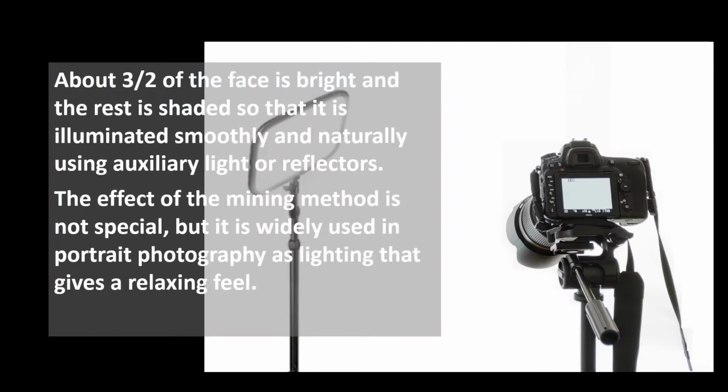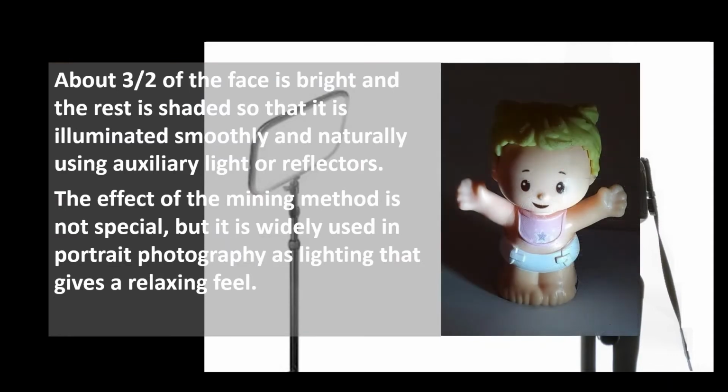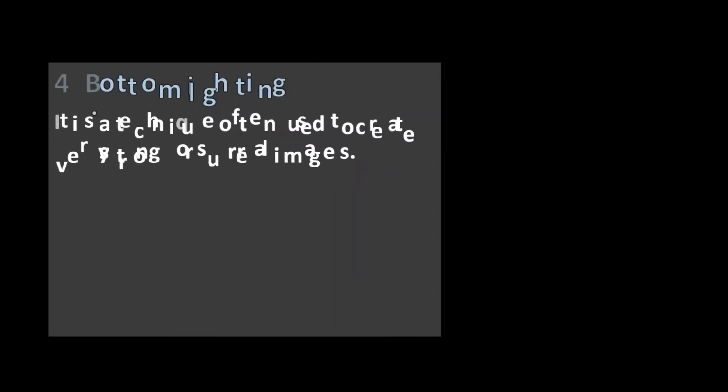About two thirds of the face is bright and the rest is shaded, so that it is illuminated smoothly and naturally using auxiliary light or reflectors. It is not a special effect, but it is widely used in portrait photography as lighting that gives a relaxing feel.